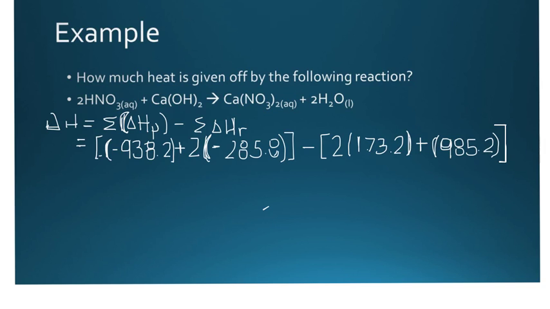Okay, and when I type all that into my calculator, it adds up to be negative 871 kilojoules altogether.